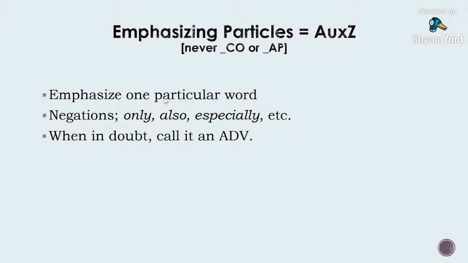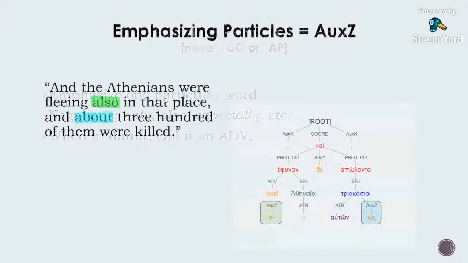You're never wrong if you call it an adverb, but certain short particles typically will be called aux z's and hang on words other than the verbs themselves. So also there, right? We separate the kappa off so that we can treat it separately. Here hos is functioning as an aux z, whereas de at the beginning of the sentence hangs on the chi.